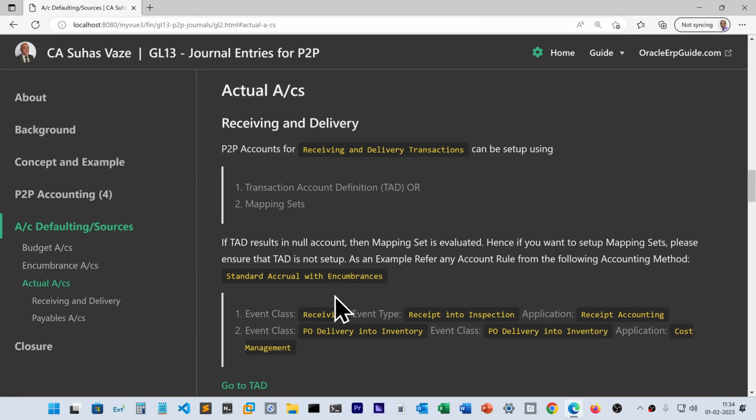In receipt accounting, we have to see the event class receiving. The application is receipt accounting. We are already there. Now we have to go to event class receiving.